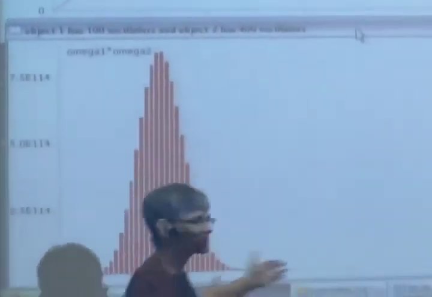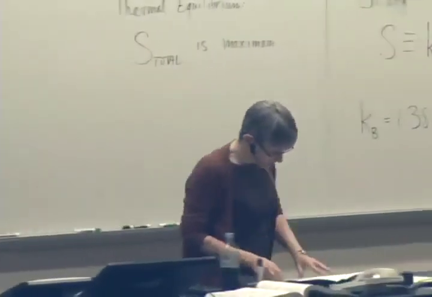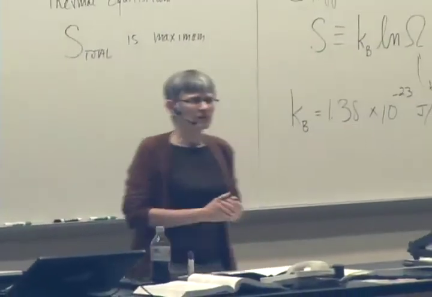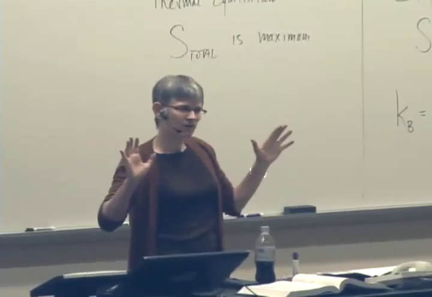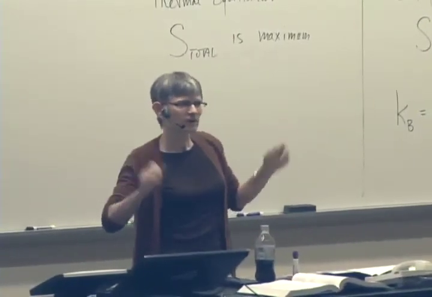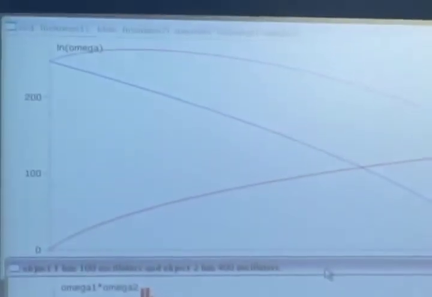That just corresponds to more different ways of arranging energy. So an isolated system, if it's not in equilibrium to start with, is eventually going to equilibrate to a situation where the entropy is a maximum, and that means that the entropy of the system increased.